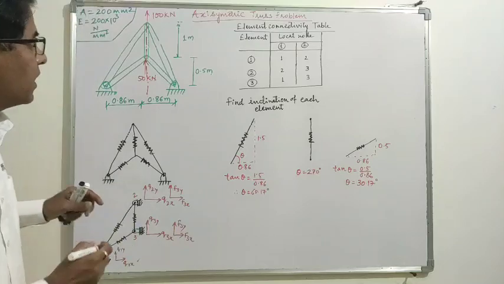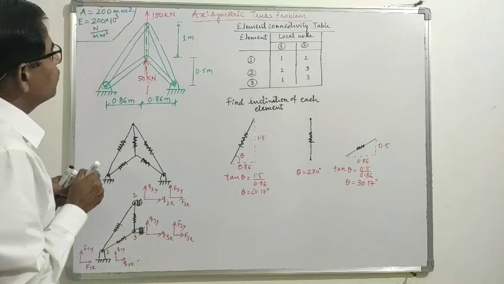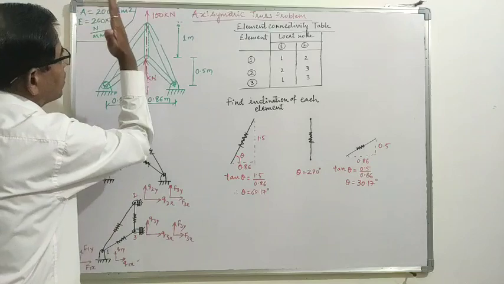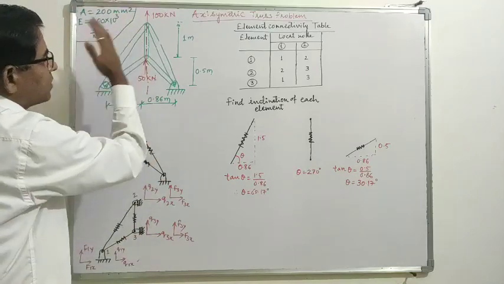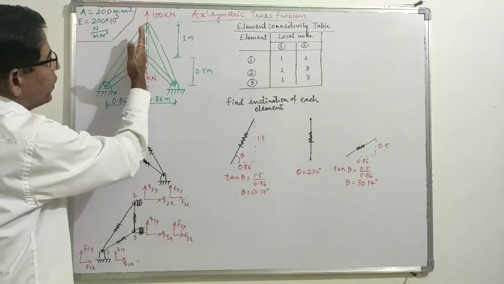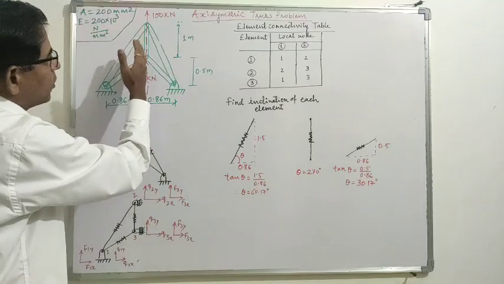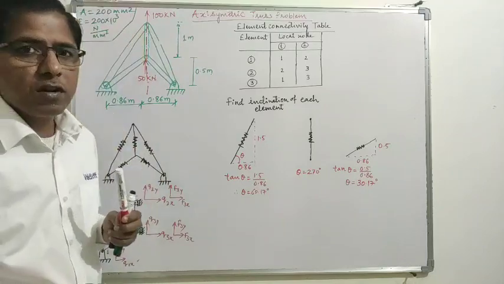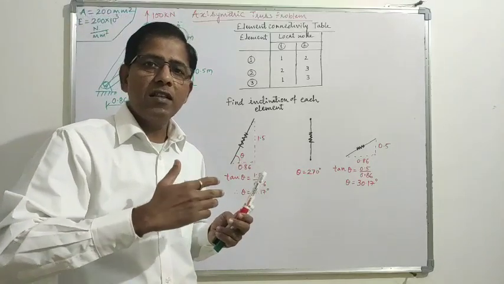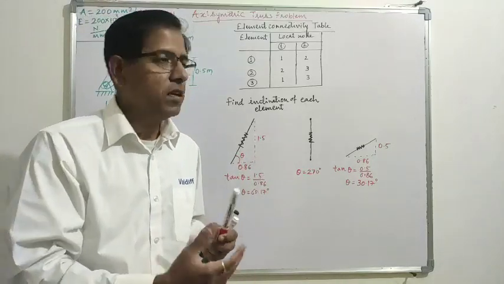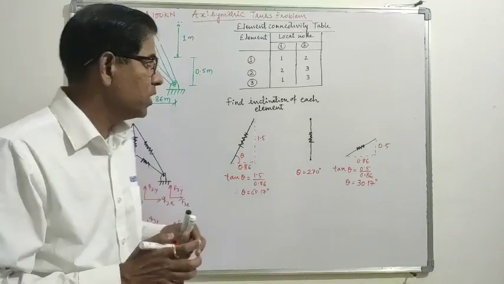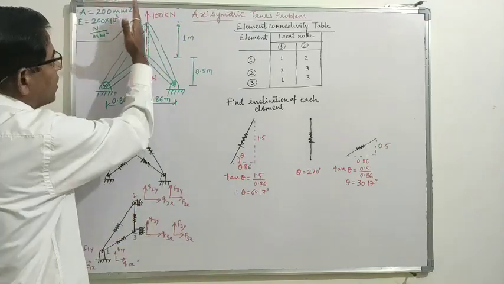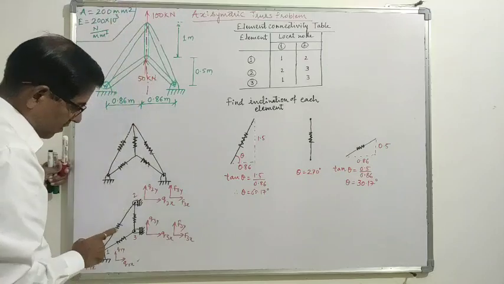We can cut this truss problem into two halves, one on the left side and one on the right side. We can do the calculations for the left hand side, and the same can be applied to the right side portion as well.